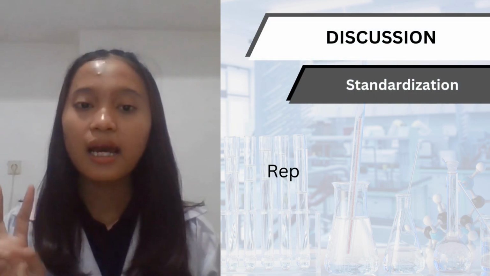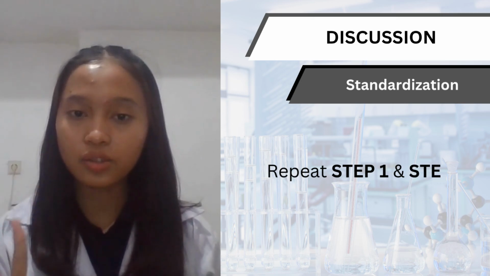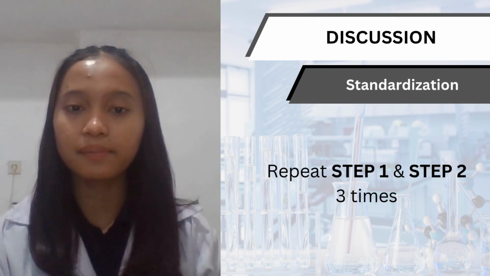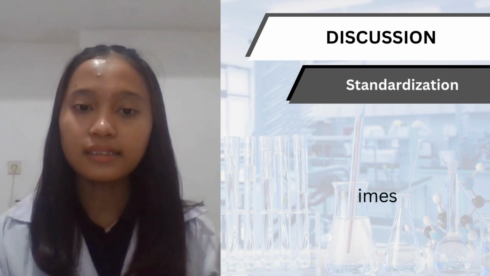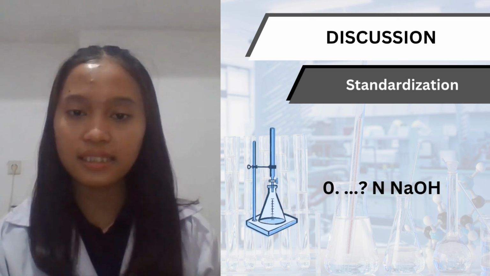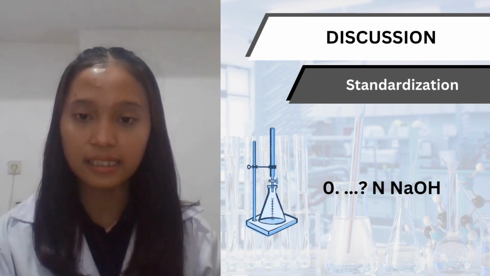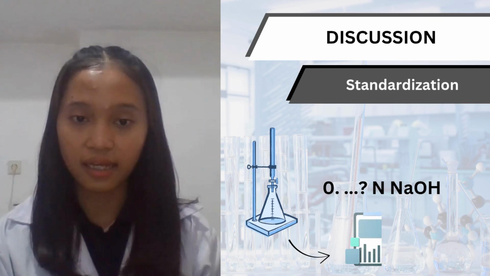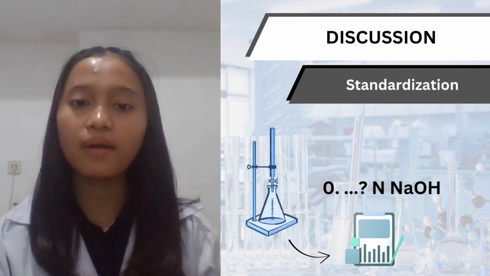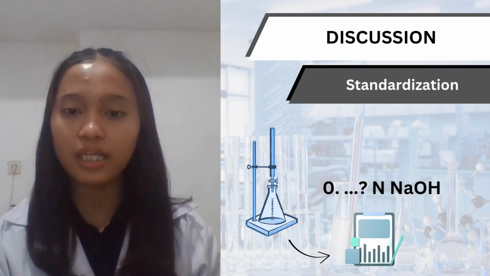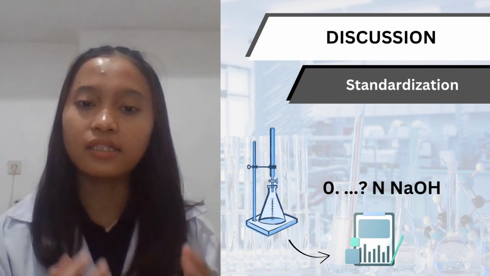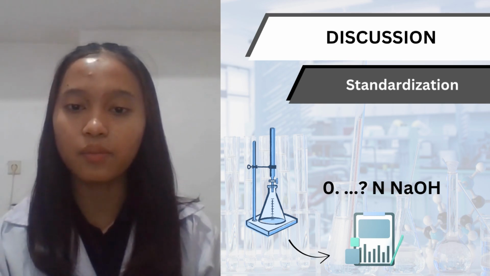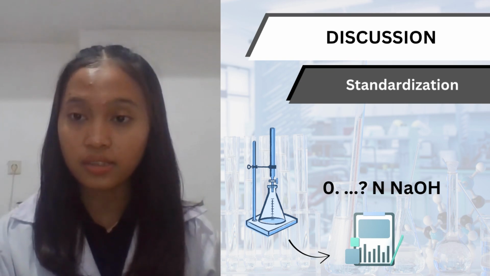And then 3. Repeat steps 1 and 2 three times to obtain accurate results. And 4. Determine the exact concentration of the NaOH solution based on the titration data. The average volume of NaOH used in the titration is calculated, and this value is then used to determine the molarity of the NaOH solution.